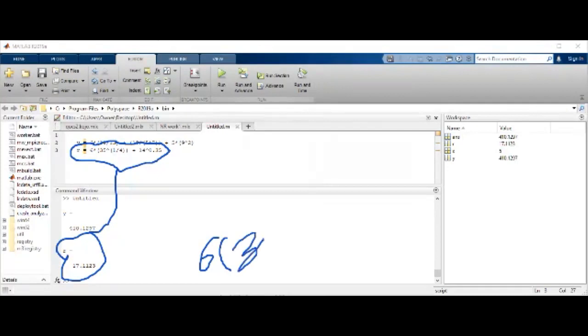35 raised to the power 1 over 4, bracket close. This plus 14 raised to the power 0.35.